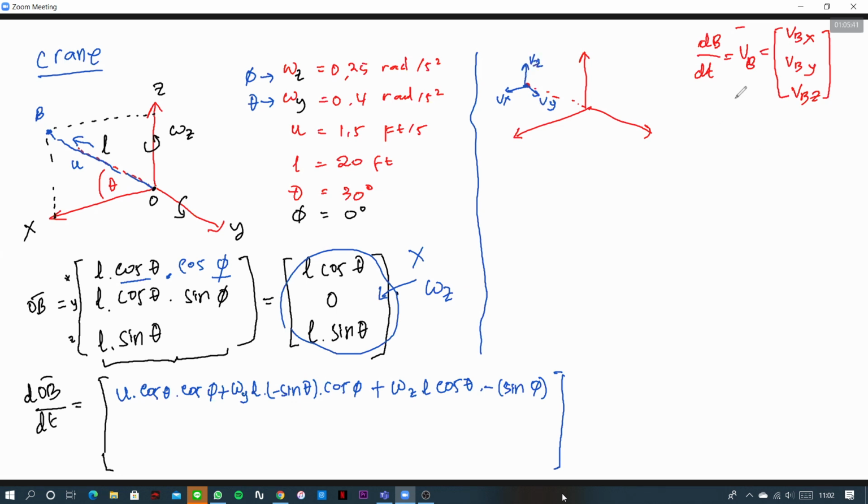And this is still a vector. So now if the question is what is the total velocity of this, let's say VB in scalar? We just simply take the square root of VBx square, plus VBy square, plus VBz square. That's it.